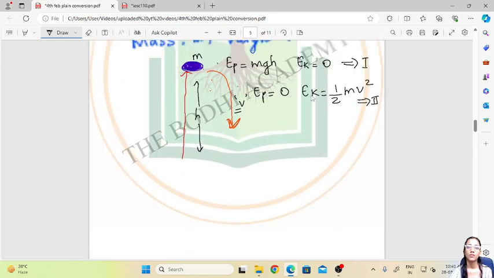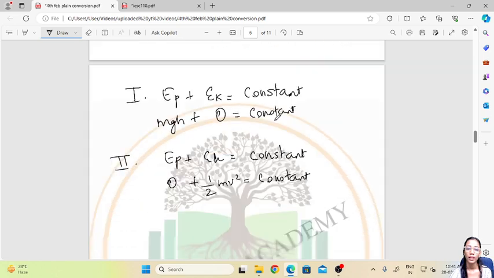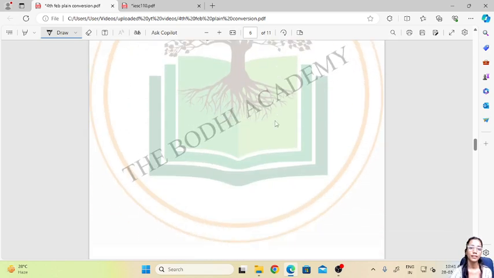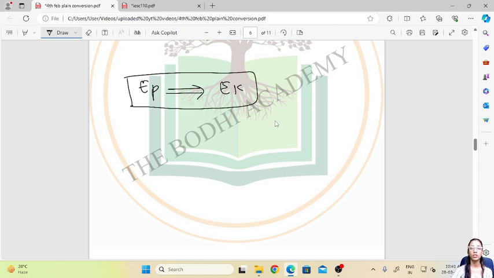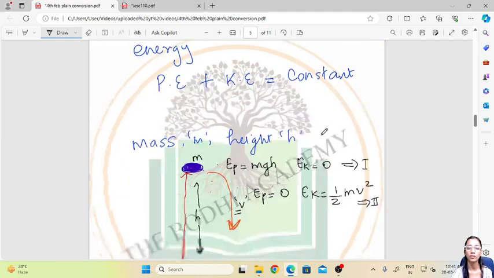Now what have you observed over here? What we have observed is that as the object is falling from the top to the bottom, the potential energy is getting converted to kinetic energy, and there is no loss or addition of energy, and it remains a constant.